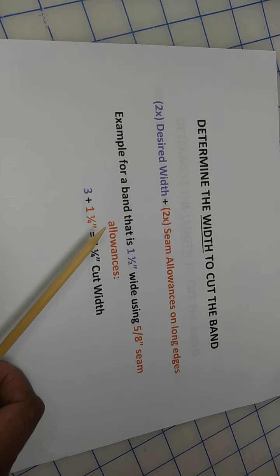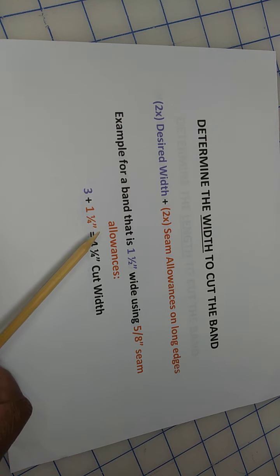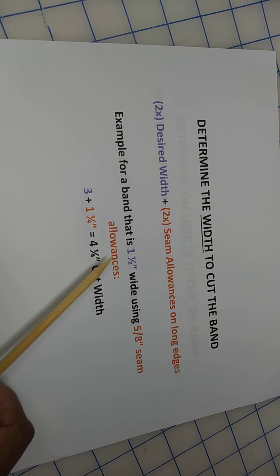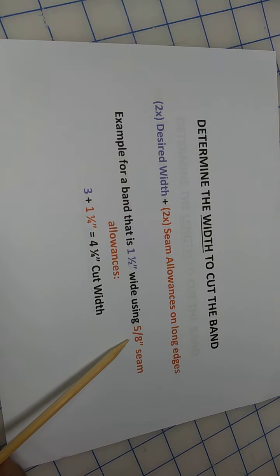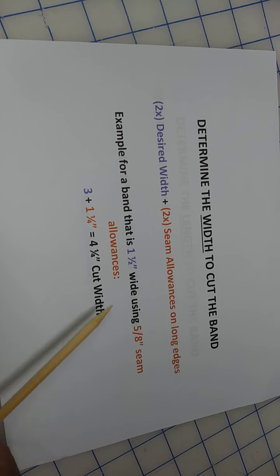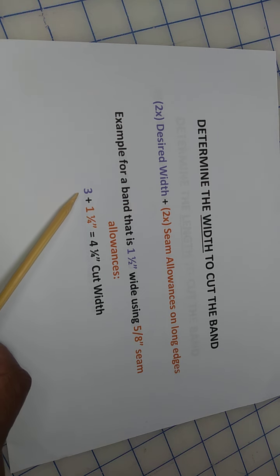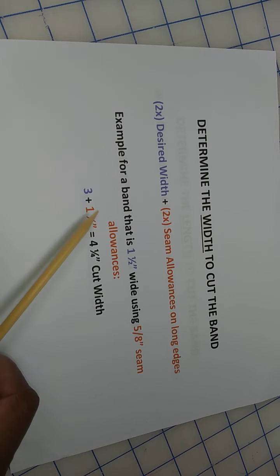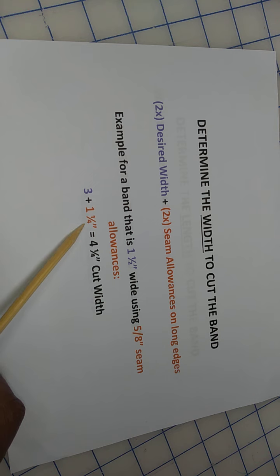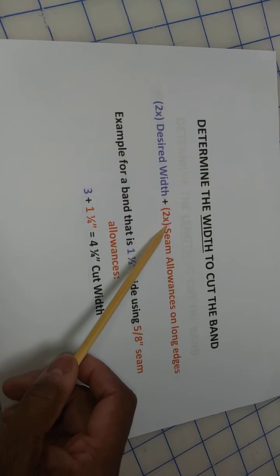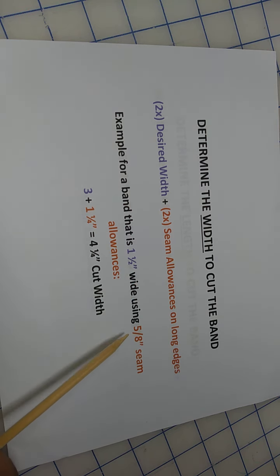And again, using that formula, if I want my waistband to be a finished width of 1.5 inches wide, and I'm going to use 5/8 inch seam allowance, my formula would be to cut the width at 3 inches, which is twice 1.5, plus the 1 1/4, which is twice the 5/8 inch.